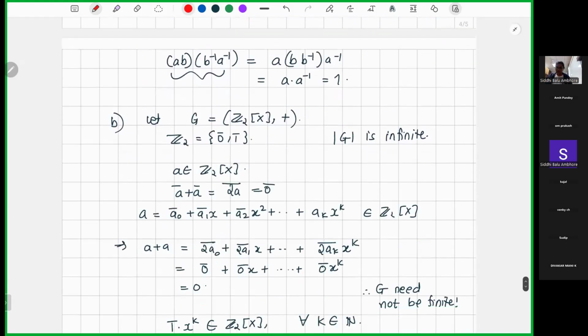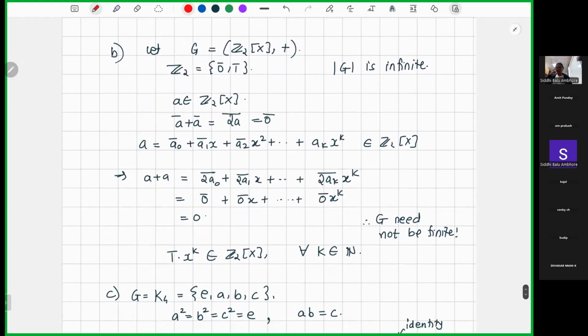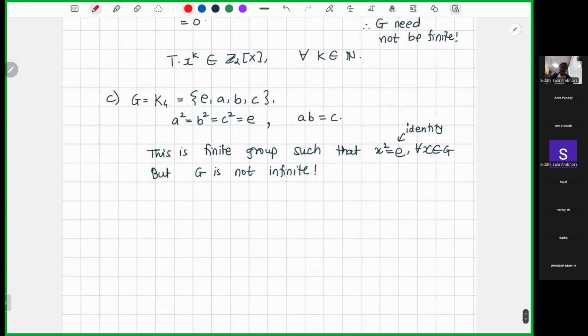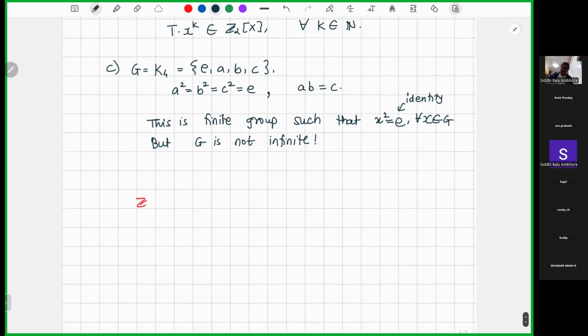Option B. So option B, that the cardinality of G is infinite, that one, right? So this set is infinite. This is clear, right? Z2[x] is an infinite set, right?